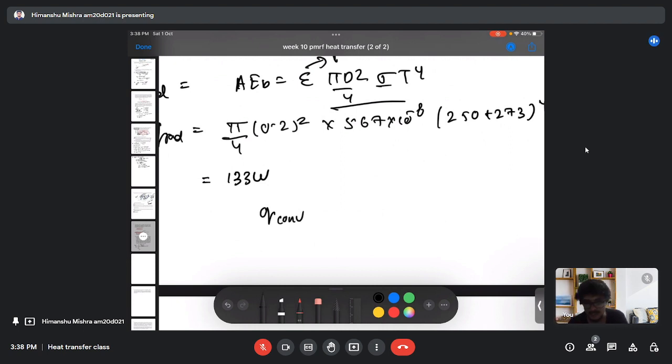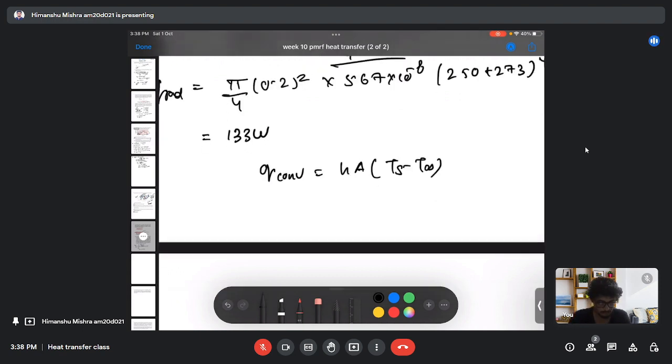We know that the heat loss due to convection is given by Newton's law of cooling. We solved plenty of problems related to this last week. To get the heat loss due to convection, we need to find the heat transfer coefficient. We are given the surface temperature and the ambient temperature.